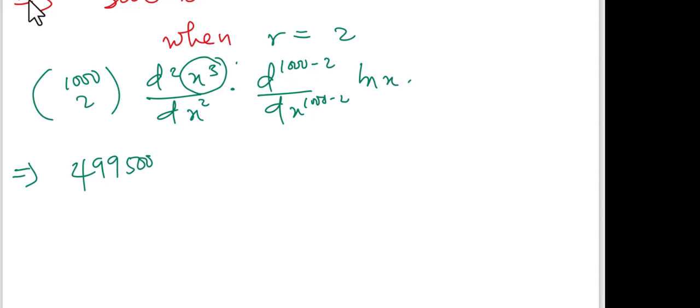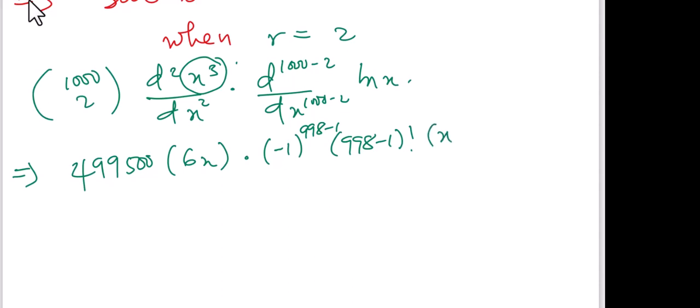And differentiating this one gives 6x, times negative 1 power 1000 minus 2, so this will be 998, and that will be (998 minus 1) factorial, and then x power negative 998, like this.